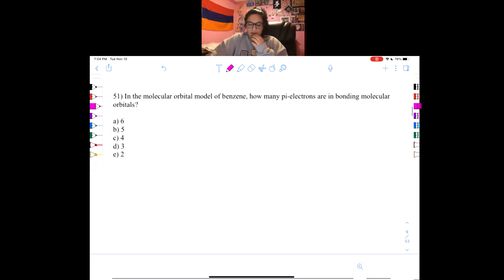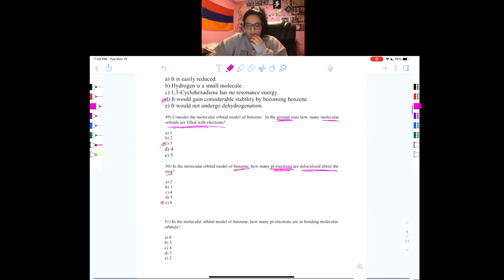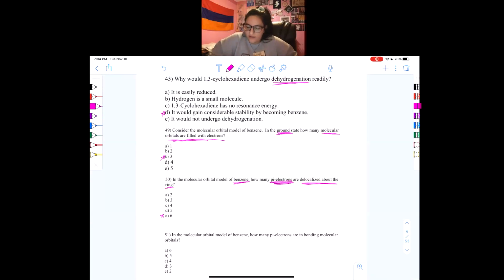All right, so here, I'll zoom out. In the MO theory of benzene, how many pi electrons are bonding? How many of them were in bonding orbitals, guys? What do you think? This is kind of a trick question because all of them in the ground state are in bonding orbitals.